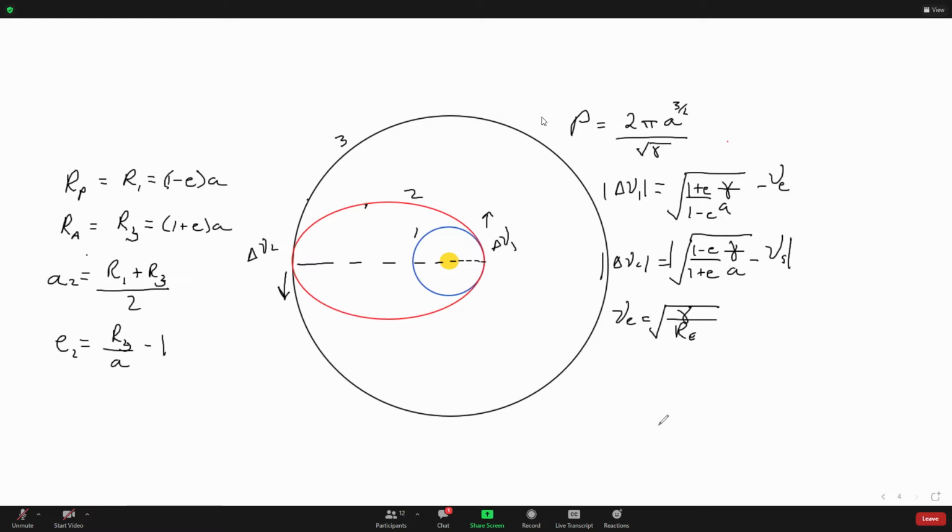Okay, for number 5, I ask you for the escape velocities for various planets. Well, you know how to calculate the escape velocity. So let's calculate the escape velocity for Jupiter. Here's Jupiter, here's the mass of Jupiter, here's the radius of Jupiter.